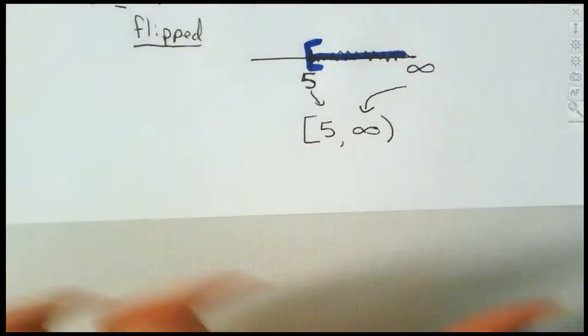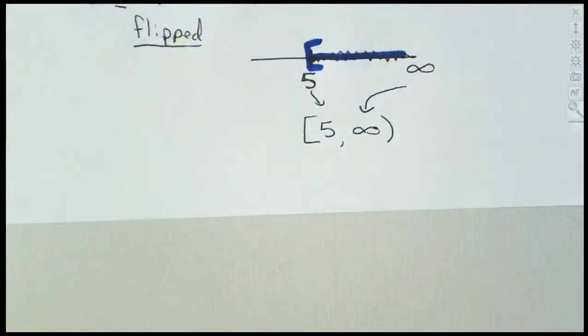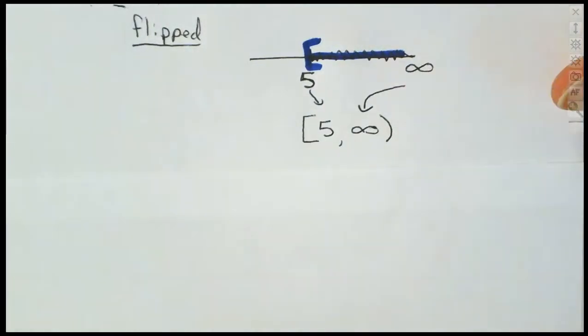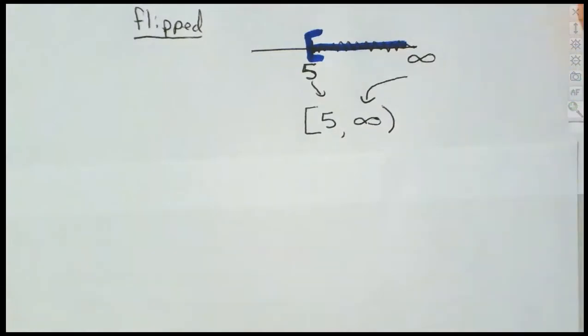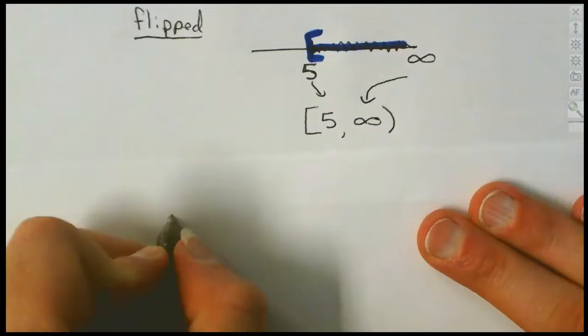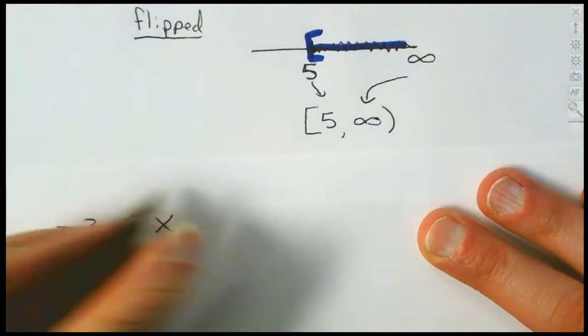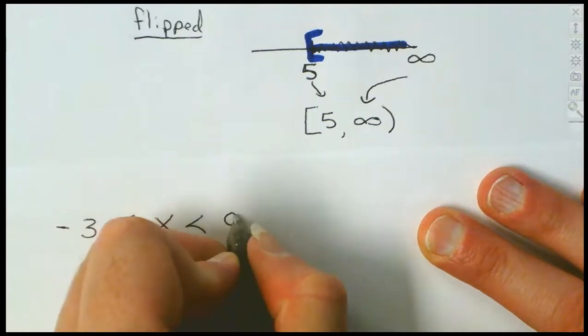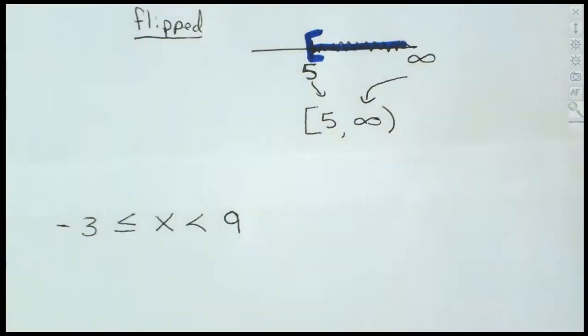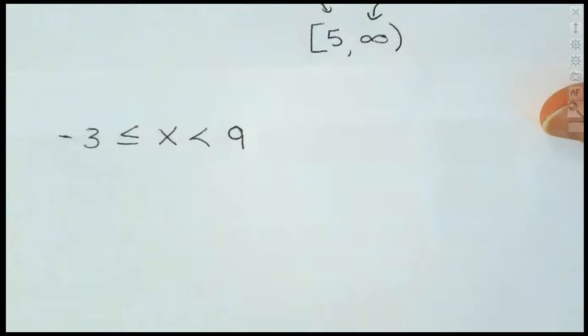What about a 3-part inequality? So now we're going to graph this one. Okay, this one's a 3-part. X is going to be trapped in the middle. So how would we graph this one?